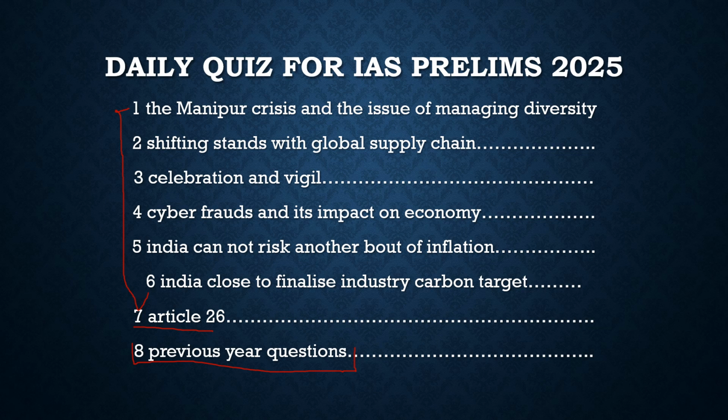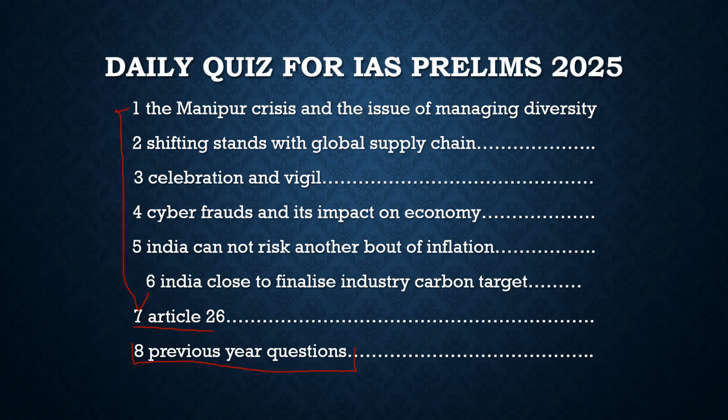Another thing I would like to request: please write down these questions somewhere. Please note down these questions, or at least take a screenshot of the questions which we are going to discuss here. They are going to be very important for you. When your exams are near, you would want to revise everything, the current affairs, your static portion, your CSAT, but the time won't permit you.